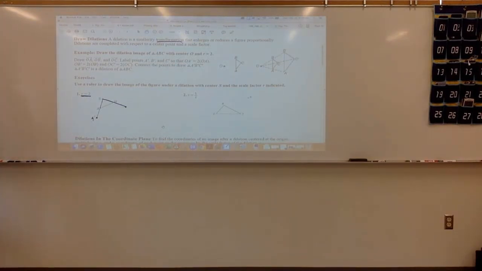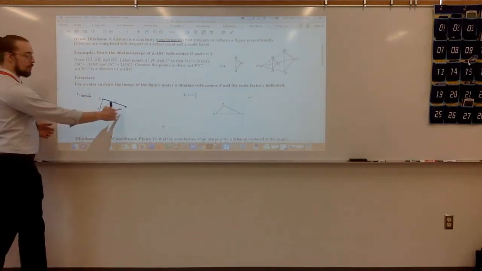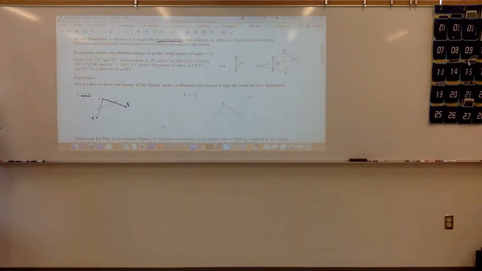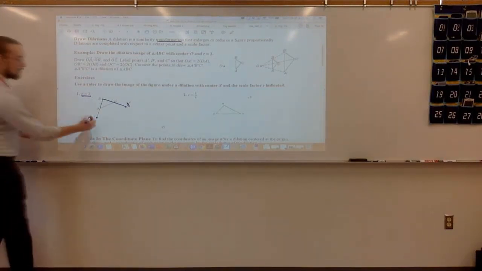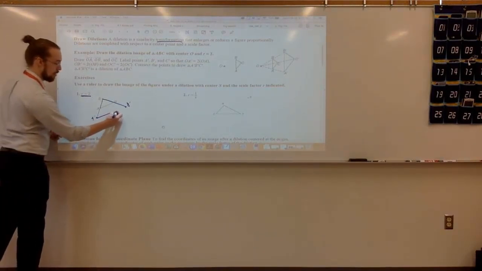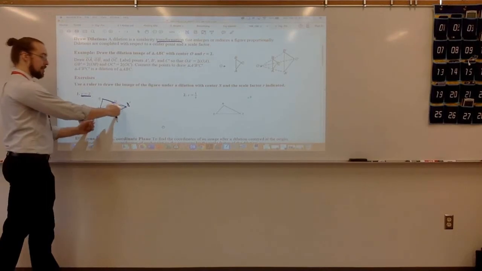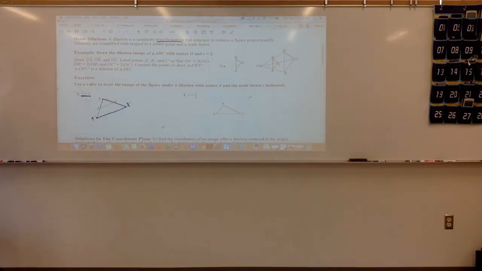My new point I'm going to call A prime. Over here, my new B, I'm going to call B prime. And then if I connect those, my new A prime, B prime is exactly twice the length of AB.